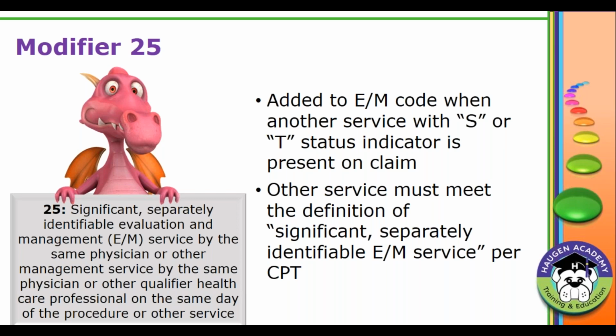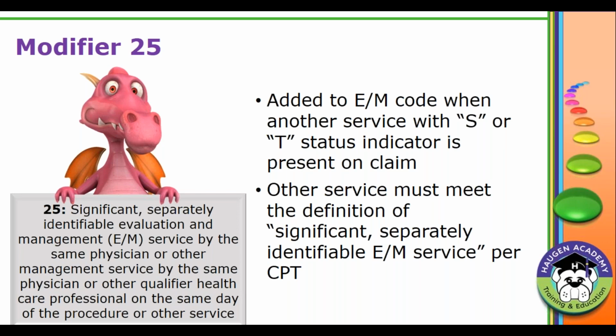This modifier 25 is a significant, separately identifiable E&M service by the same physician or other qualified healthcare professional on the same day of the procedure or other service. And if you're like me and you read that, you probably go, huh? There are a couple of different things.